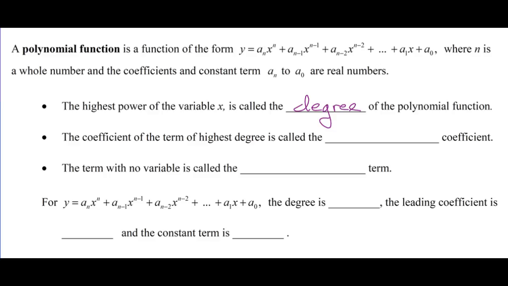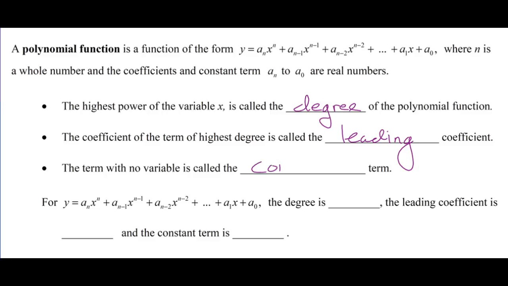The coefficient of the term of highest degree is called the, it's up front, it's in the lead, it's the leading coefficient. Okay, it's called the leading coefficient. So if you're given one that's in a different order, you can rearrange it in terms of highest degree going down to lowest degree. The term with no variable is called the constant term.